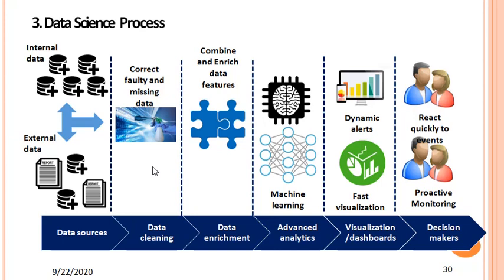The third thing is to enrich the data. We have cleaned the data, and now we want the data to be enriched so that we can have good results, or good analytics from that. In order to enrich the data, we combine it with different features, and those features are also extracted from the data, but those are vital and important features, and they play a very big role in generating useful insights from the data.